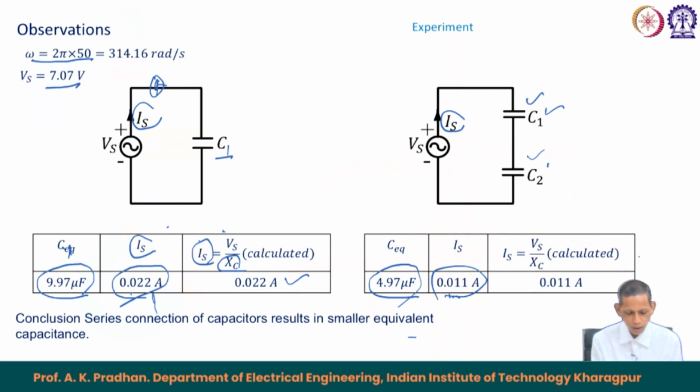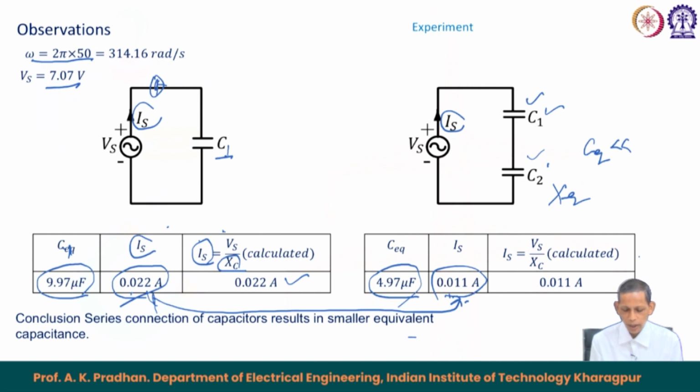So what we see here is that the current was 0.022 ampere earlier for only one C1, and with C1 and C2 the current is reduced. It means that the equivalent Xc is increased and the equivalent C is decreased. That is a straightforward comparison, and it is a factor of 2, which is why the current reduces by a factor of 2.